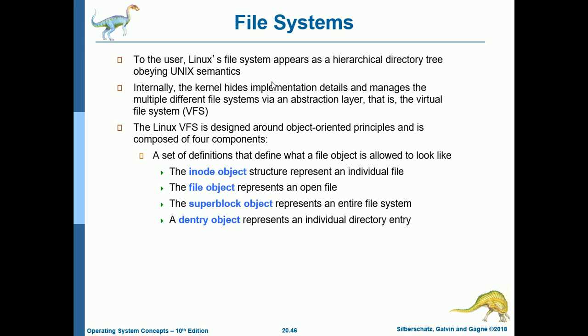These four components are the inode object, which represents an individual file, the file object, which represents an open file, the superblock object, which represents an entire file system, and the dentry object, which represents an individual directory entry.